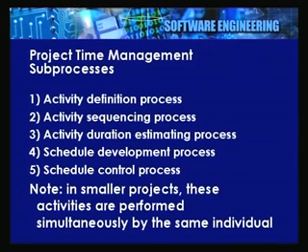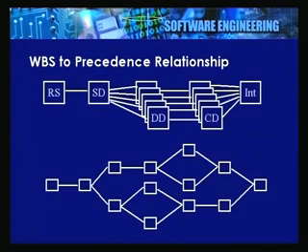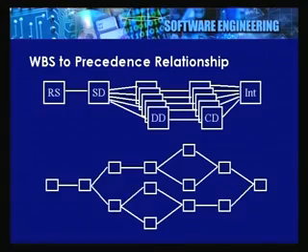What we are doing basically here is looking at these particular activities in the second process and converting that work breakdown structure into some kind of a precedence diagram. The diagram is only for our convenience, but we need to establish the precedence between the various activities.